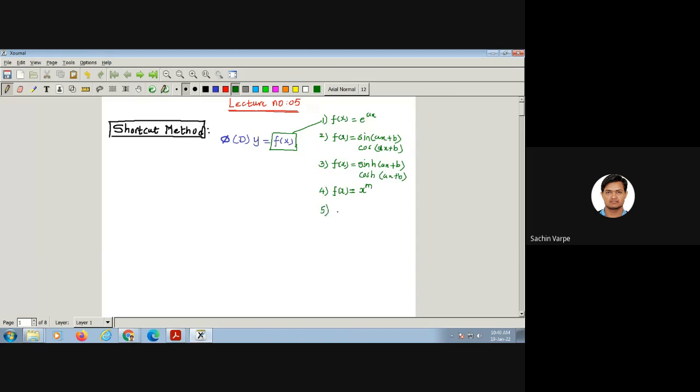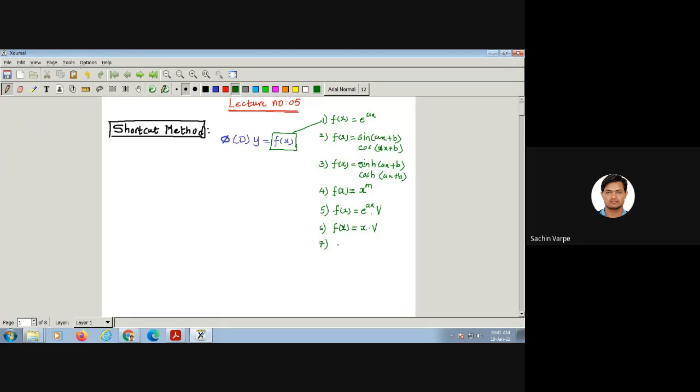If the right hand side function f of x is a product of an exponential function and a function of x, that is e raised to ax into v, where v is a function of x, then we have a shortcut.